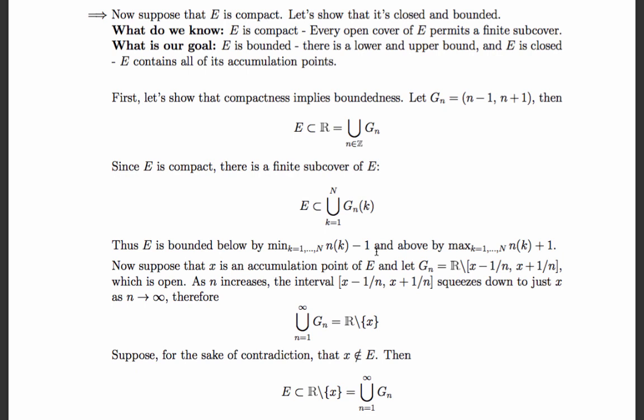So if I take the complement of that closed interval, then I get an open set. And since the closed interval shrinks down to just x, the open complement encompasses all of the real line except for x if I take the union of every single one.